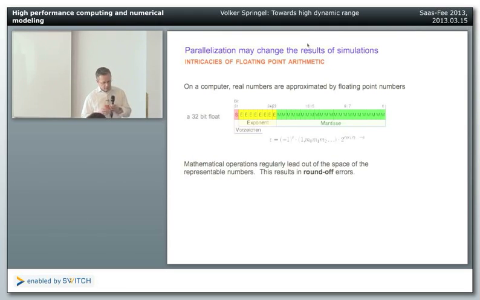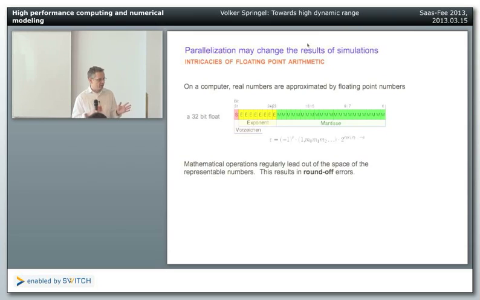That means these 32 bits give basically 4 billion possible combinations of these bits. And so there are only 4 billion single precision floating point numbers around. And whatever calculation you do, the result will be mapped to one of these 4 billion numbers.